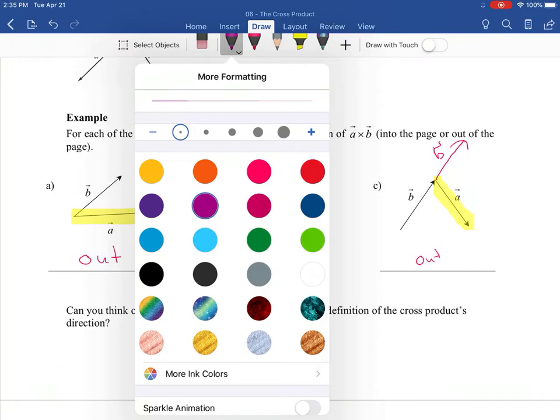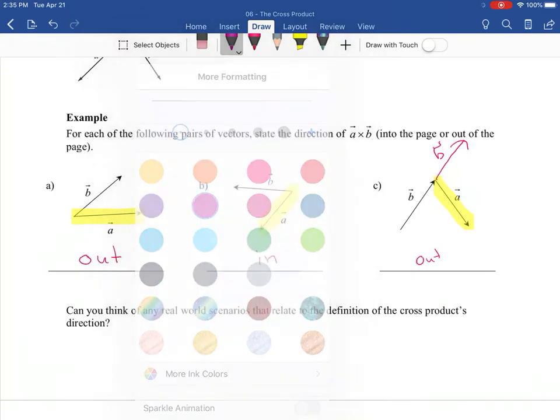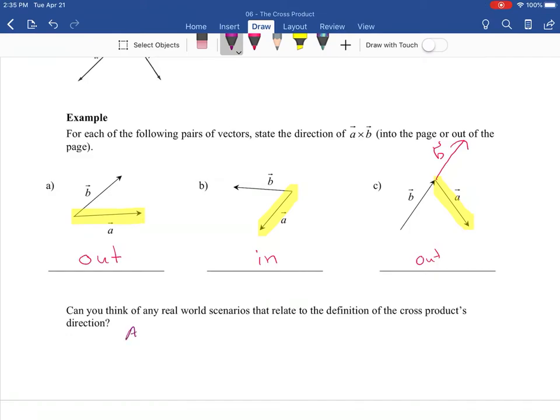Can you think of any real-world scenarios where two vectors would act like that, and what you'd get is something moving in or out? And this is all about twisting. And so the applications that I want to mention here is anything that's twisting, on or off.